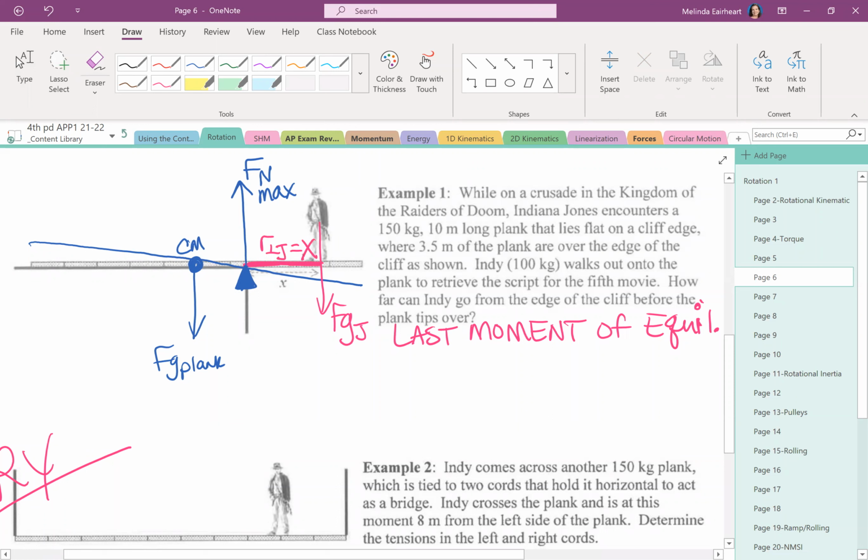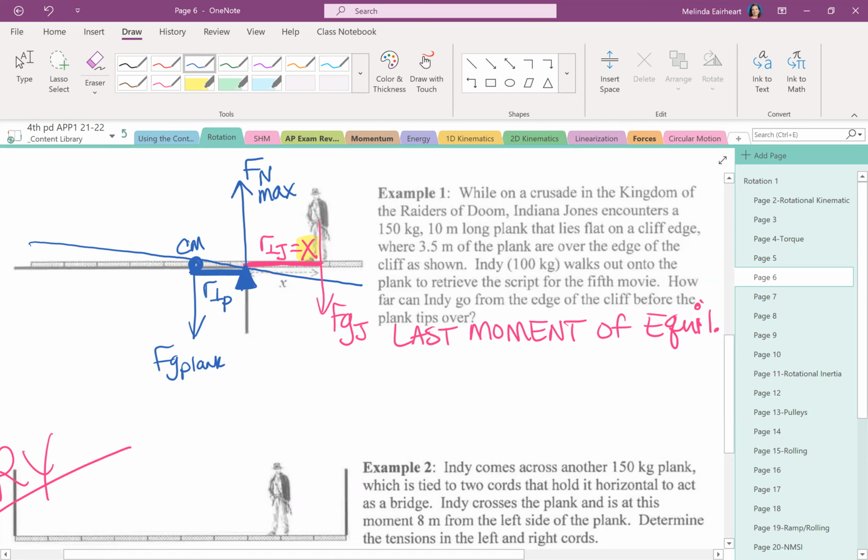How far can Jones go from the edge of the cliff and still be safe? And so that's going to be our unknown. What about for the weight of the rod or plank? From your axis of rotation, from your fulcrum, to the line of force, R perp for the plank.